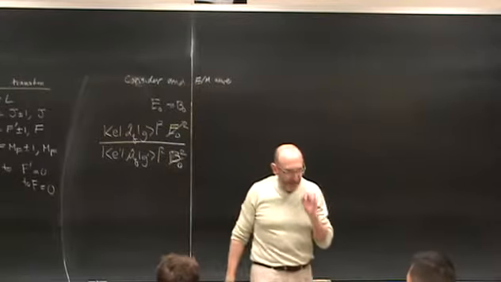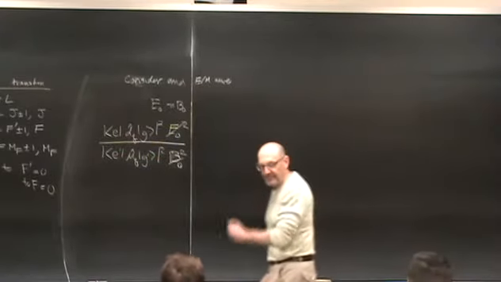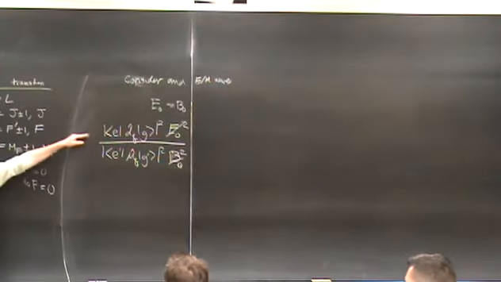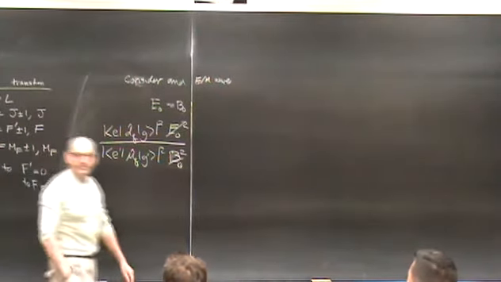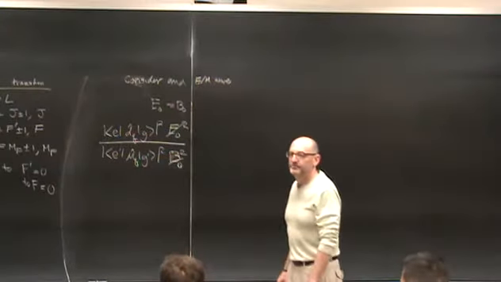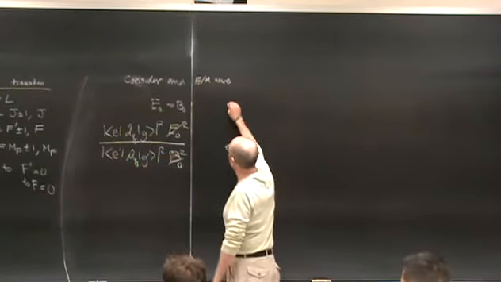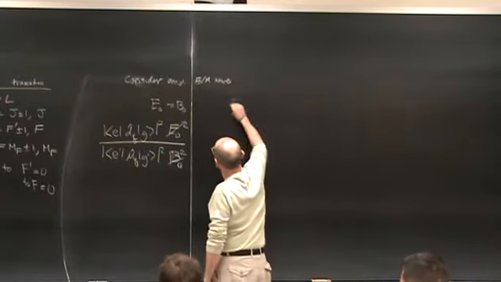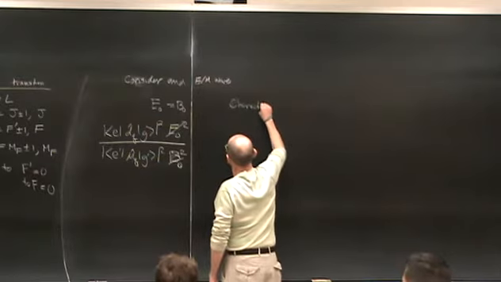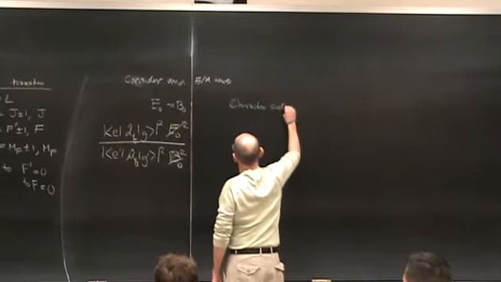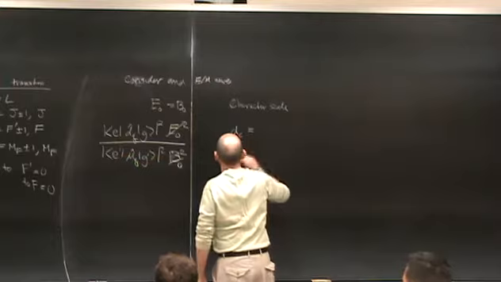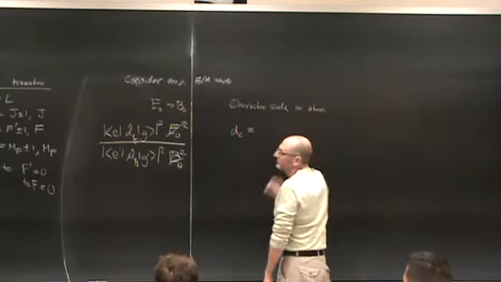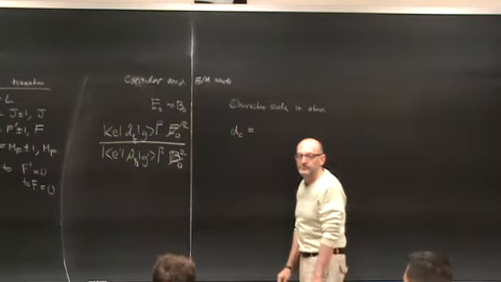So now I ask you, as a good physicist, to estimate how big these matrix elements are for an atom. The matrix elements will depend on the characteristic scales. What's the characteristic scale of the electric dipole moment in an atom? Electric charge times the Bohr radius?